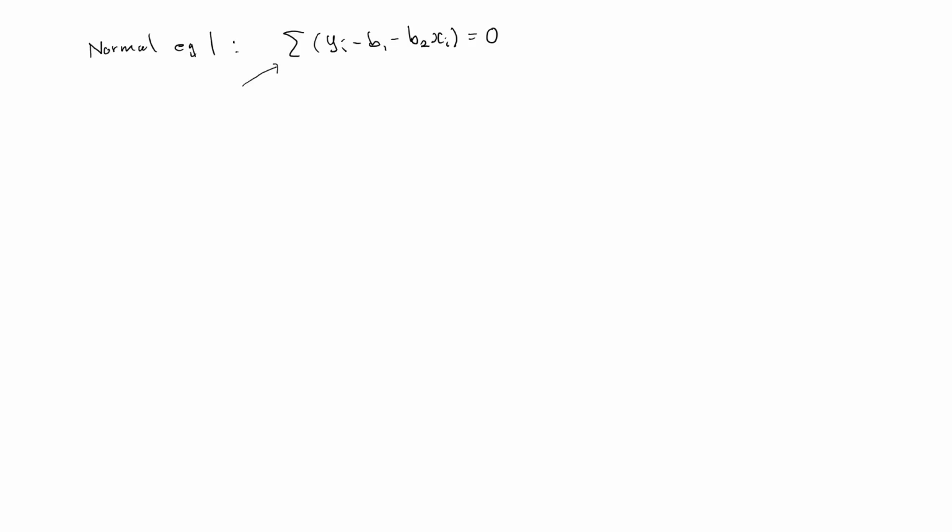This sum here, with the exception of a minus 2, is the partial derivative of RSS with respect to b1, and that derivative needs to be 0. If you look at this parenthesis here, you can see that this is exactly the definition of the residual. So normal equation 1 can just as well be written: the sum of all the residuals is equal to 0.